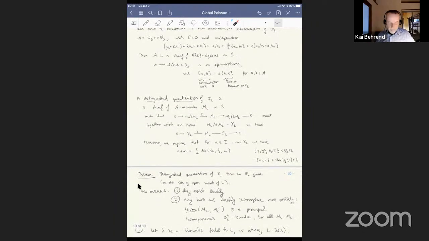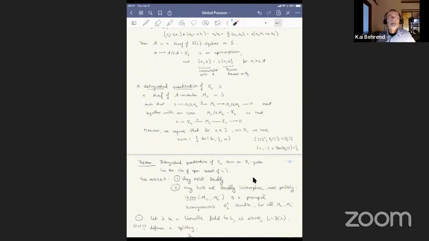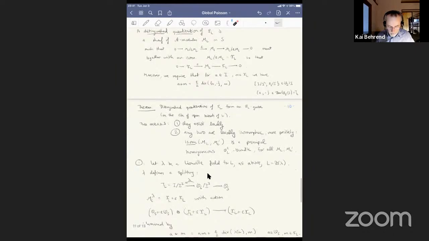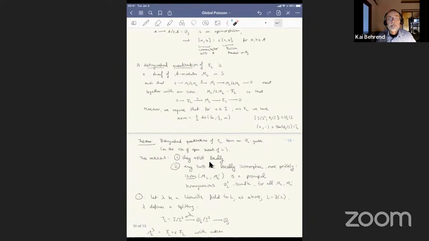So the theorem you prove is that these distinguished quantizations of epsilon L form a gerb over S, on the side of open subsets of S, I don't know, it doesn't make a difference. They form an OL gerb, so let me tell you what that means. Well, quantizations exist locally.